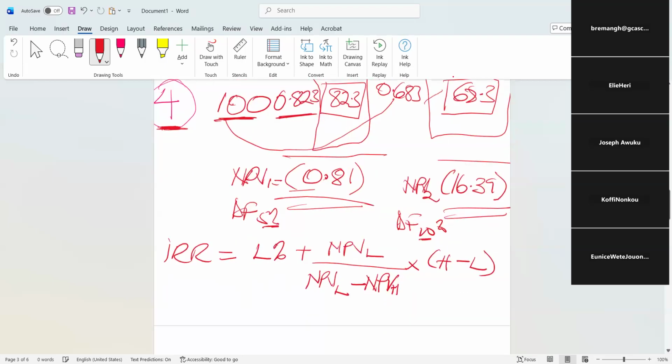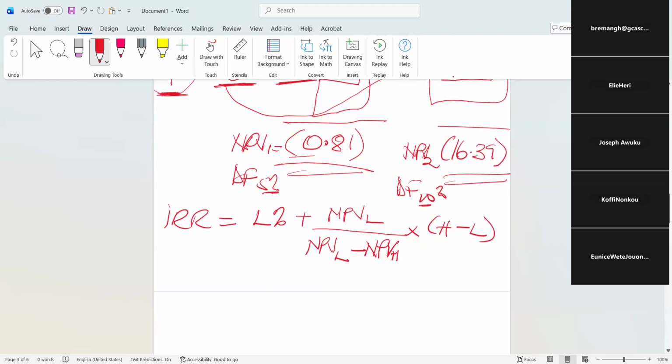So what is the lower rate, 5% or 10%? It is 5%, isn't it? Then the higher rate minus the lower rate is 10 minus 5, isn't it?